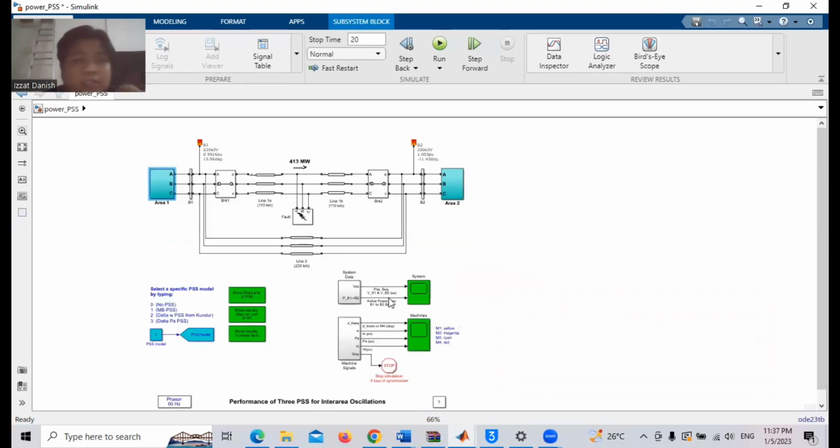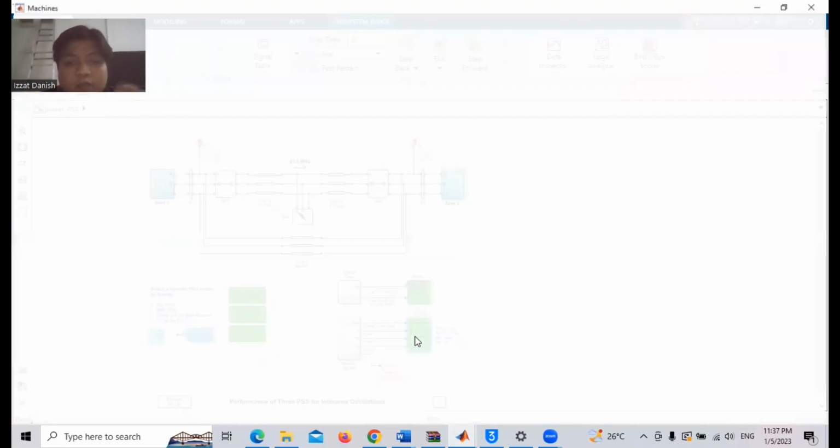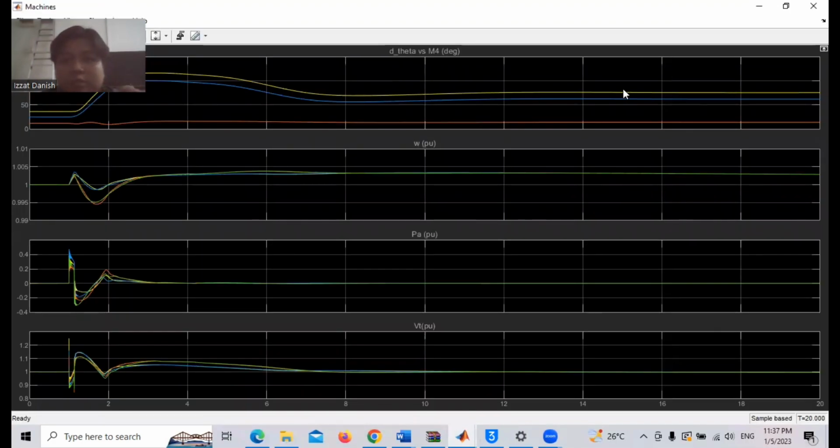This is the initial part of the simulation. We need to see the stable case. So here is the stable case.